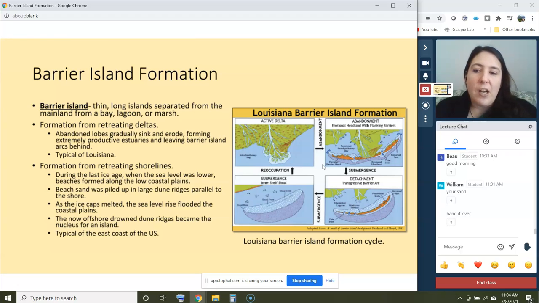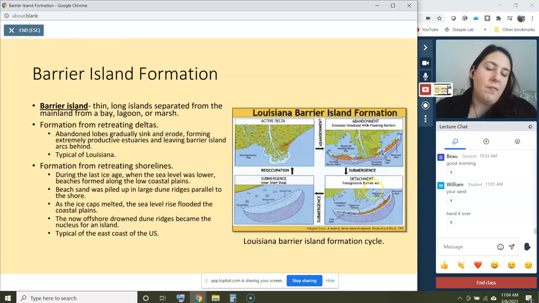And there are a couple of different ways that these form. And so in Louisiana, the formation is from retreating delta lobes. And so as these delta lobes grow out, once they're abandoned, the lobes will shrink away and leave behind the edges. And those edges become barrier islands.